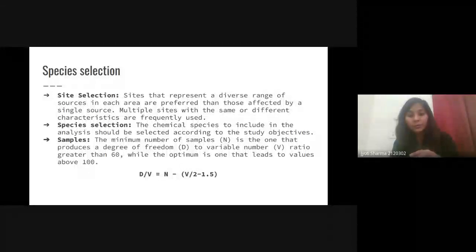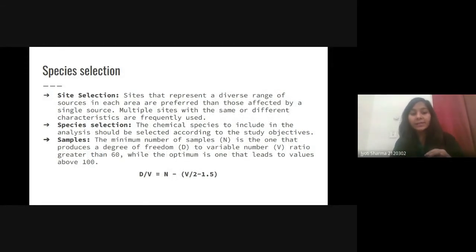This will be based on this: sites that represent a diverse range of sources in each area are preferred over those affected by single sources. So you must select a receptor area in which there is a diversity of sources. For example, there is transportation activity going on, there are industries, there are mining areas. So you have to select a receptor area in which multiple activities are going on.